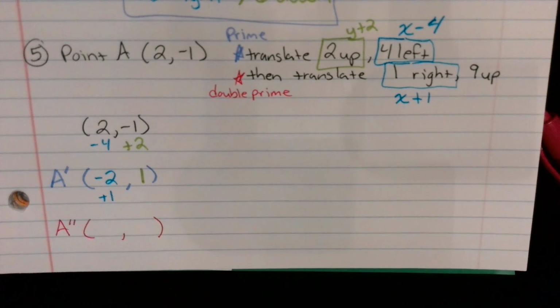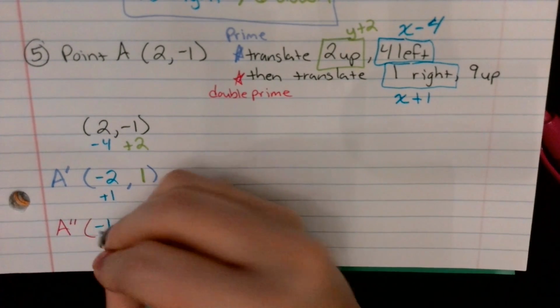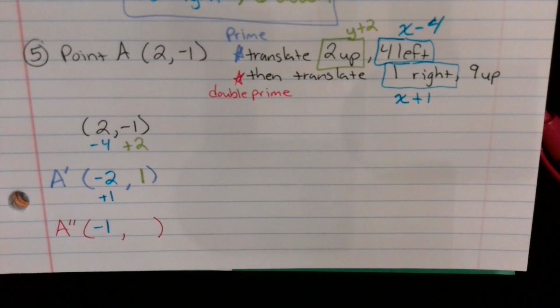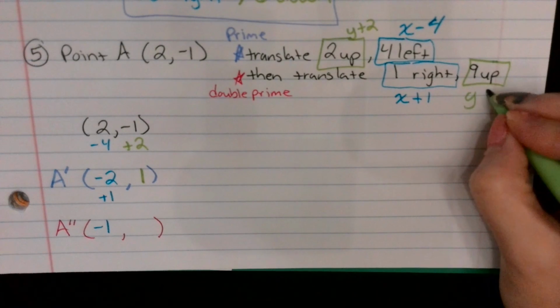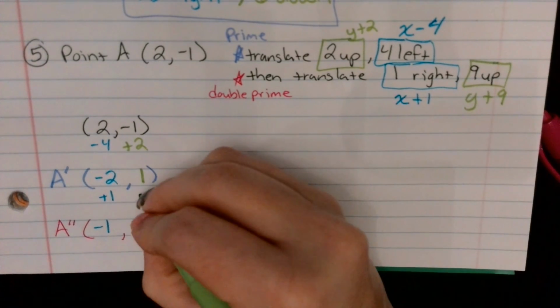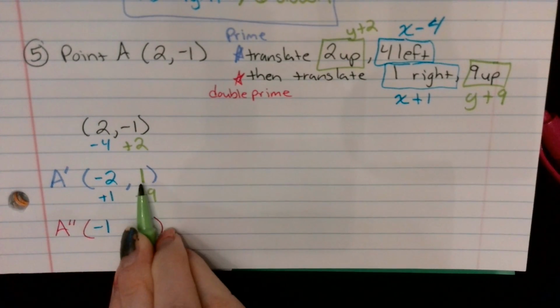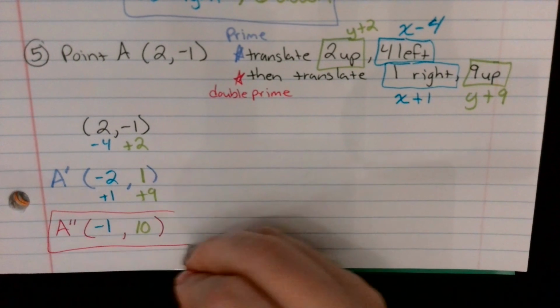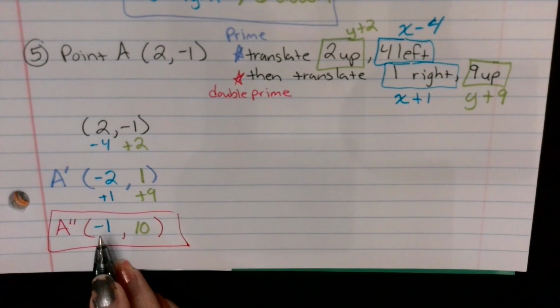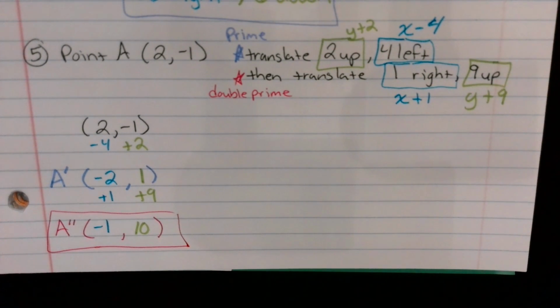That's going to put me at a negative 1. And then the 9 up, that affects my y. I'm going to take y and add 9. So add 9 to the 1 that I have here, and it puts me at a 10. So A double prime is where I'm ending, and that's my final answer. A double prime is at (-1, 10).